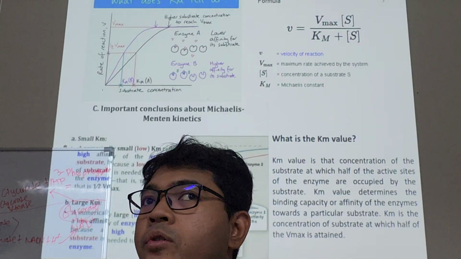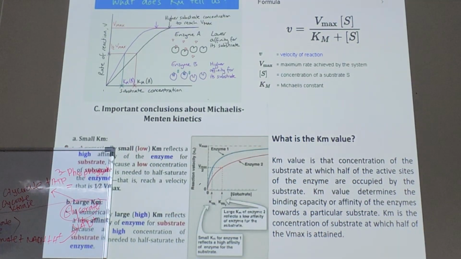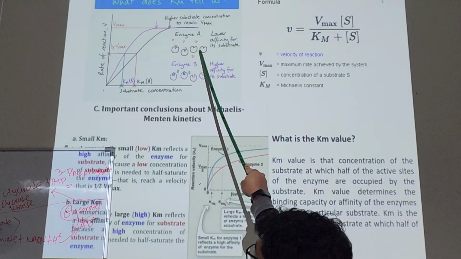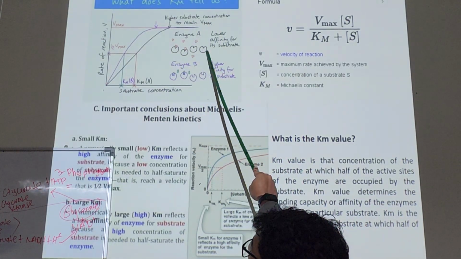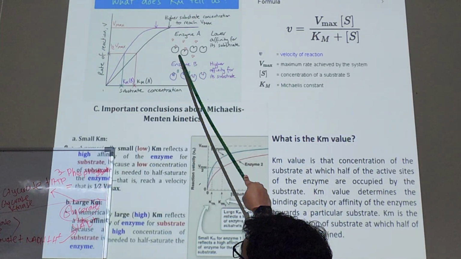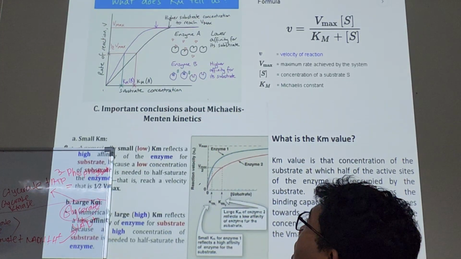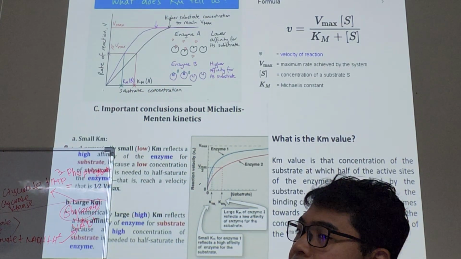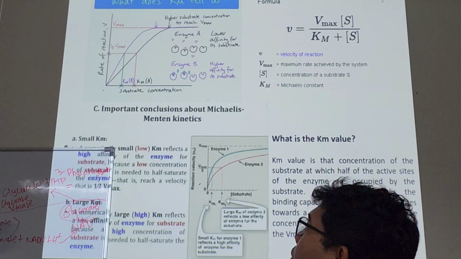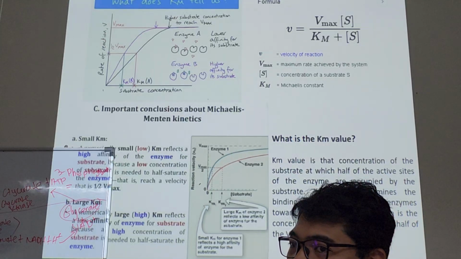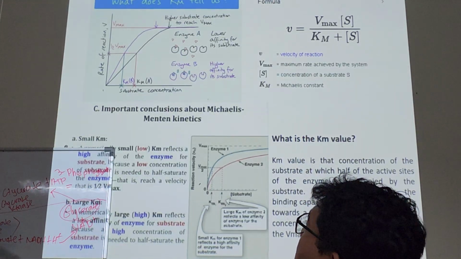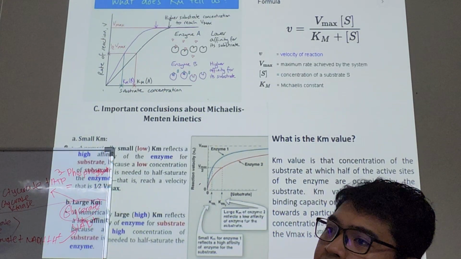Okay, so that's why you can see we have two types of enzyme here, enzyme A and enzyme B. Enzyme A, you have 1, 2, 3, 4 enzyme, 1, 2, 3, 4, 5, 6 substrate, only two out of 6. How much percentage is that? 2 out of 6. 30%? About that. Only 30% of the attachment is happening.